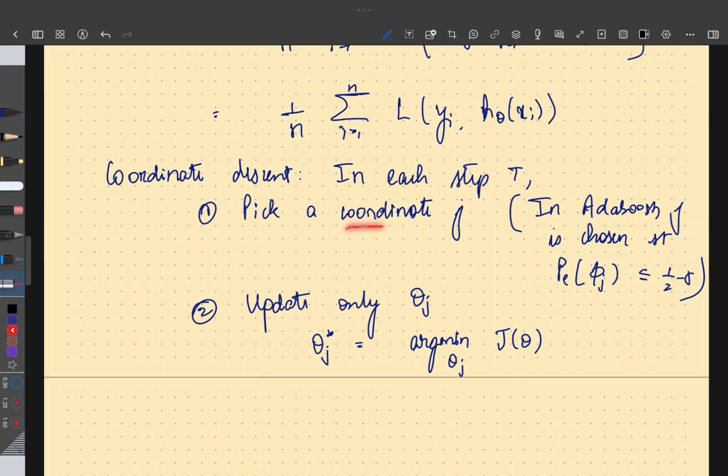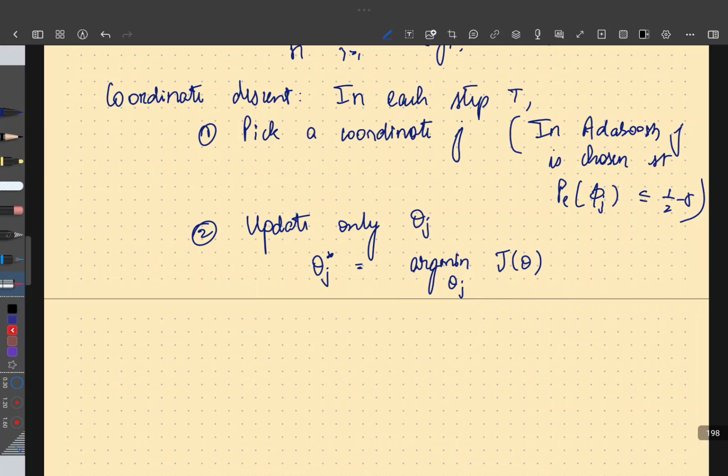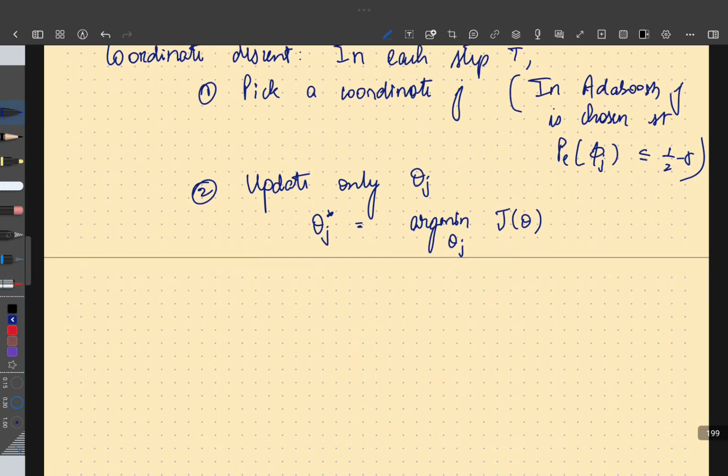So along coordinate j, there is some potential decrease, and along that decrease, you take a step so that you move along that direction. You take the minimum possible value. Right. So in the case of the loss function that we have, we can explicitly try to minimize what we see.